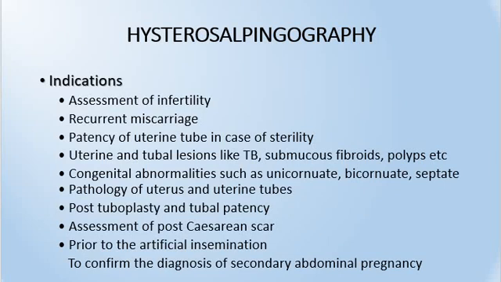Pathology of uterus and uterine tubes can be determined by it, and it can be used post-tuboplasty and for tubal patency. Assessment of post-caesarean scar can be done with the HSG. It is used prior to artificial insemination and to confirm the diagnosis of secondary abdominal pregnancy.